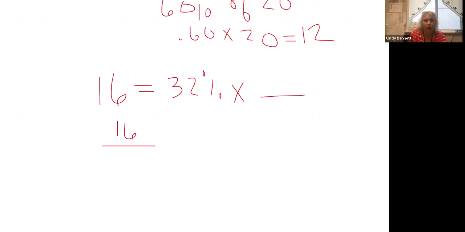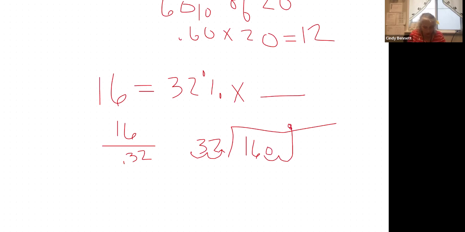So when you divide that, you can set it up like 0.32 into 16. So in this case, you've got to remember your decimal division rules. So you multiply by 100, multiply by 100, your decimal goes up here, and then you divide these out, and you're going to end up with 50. So the answer is going to be 50 students.